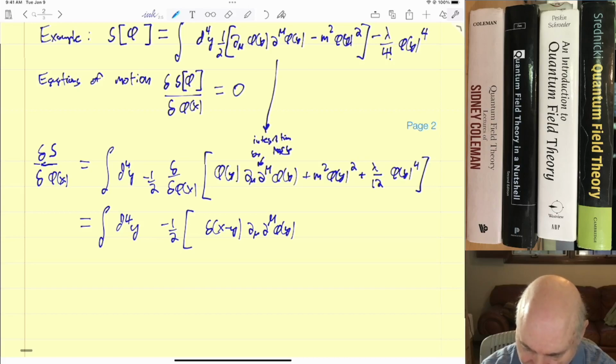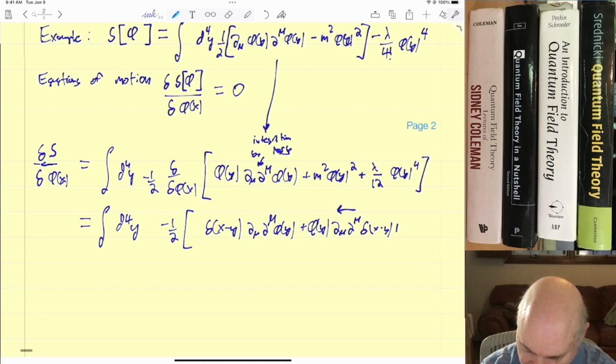So you're going to get a half. But you're always going to get 2 factors. So it's as if you can just go right through these and just differentiate a product, each one. Plus phi of y, partial mu, delta x minus y. And I'm going to put an arrow like this to indicate it's acting on that, because we did two partial derivatives there.